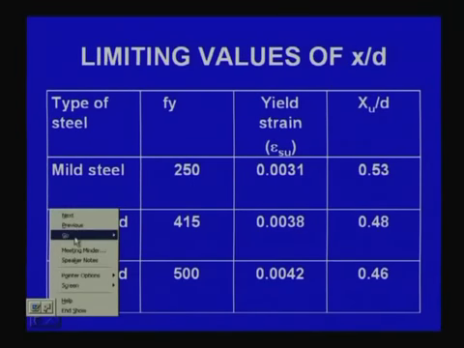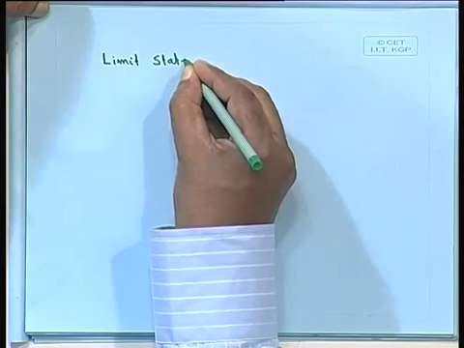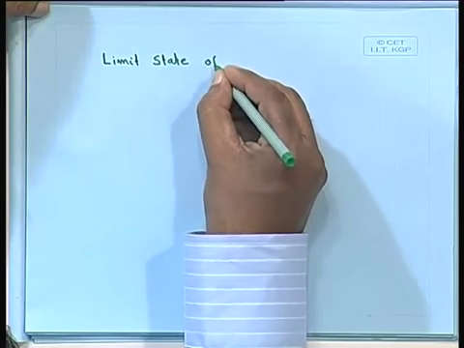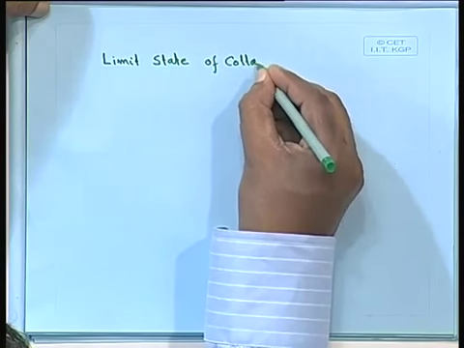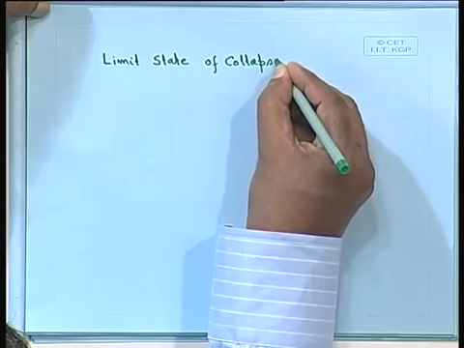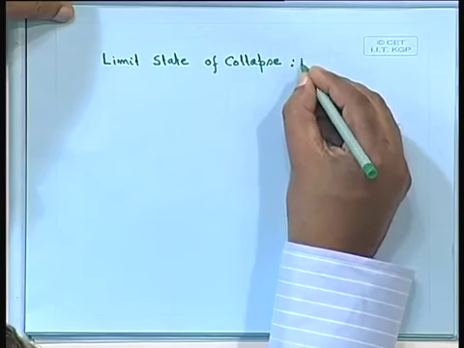So, let us come to the limit state of collapse. We are starting with limit state of collapse, ultimate strength, and we shall consider bending, flexure.